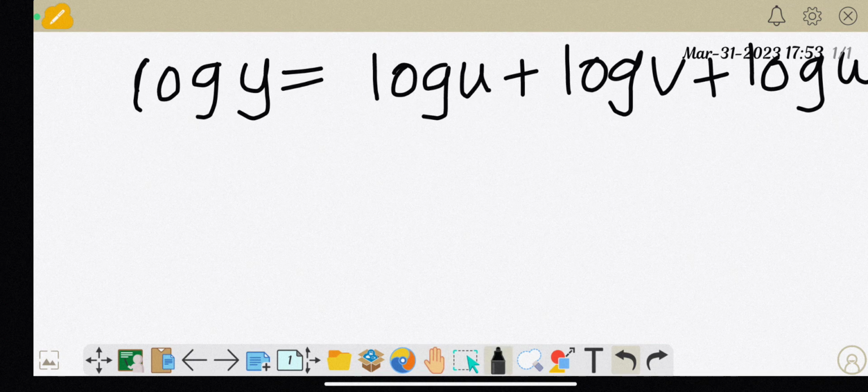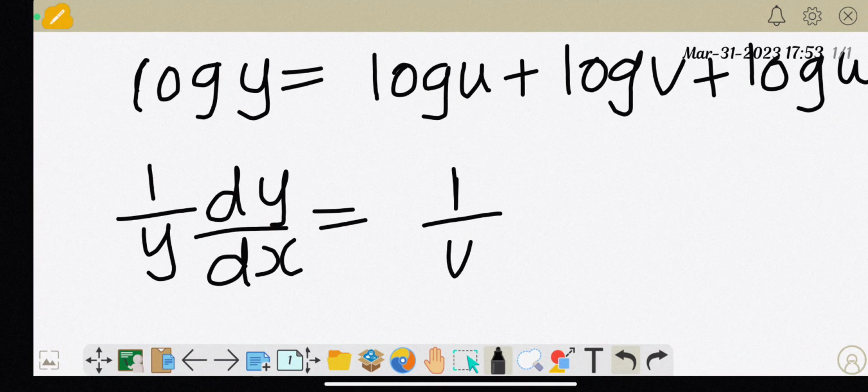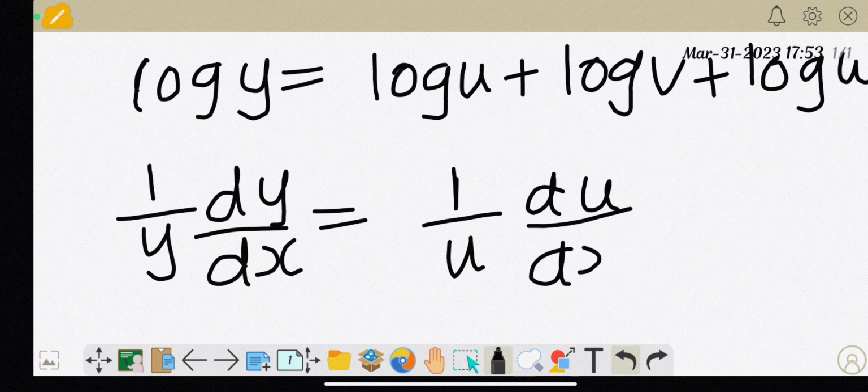So when you differentiate, 1 by y dy by dx. Log u, what is the differentiation of log u? 1 by u du by dx. Correct.